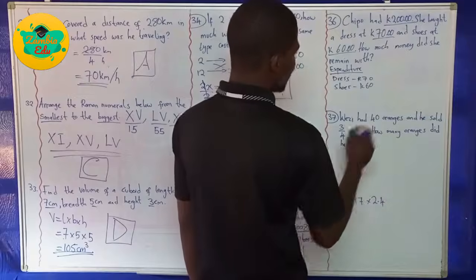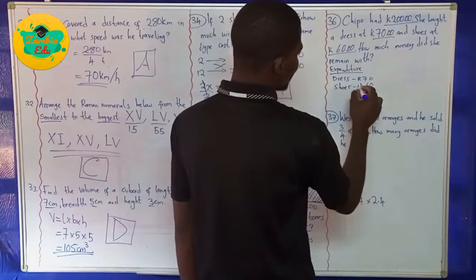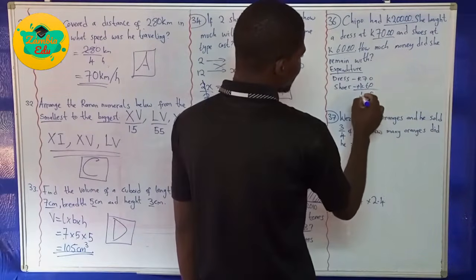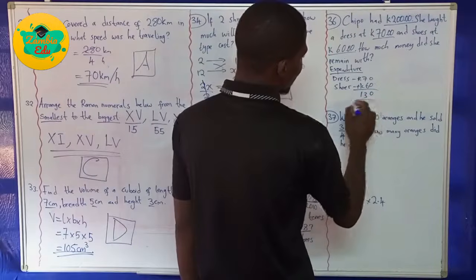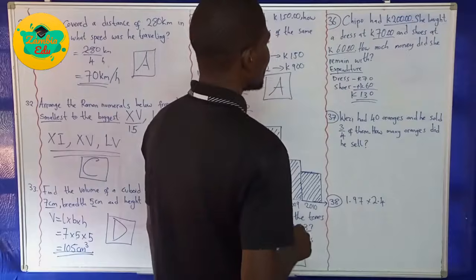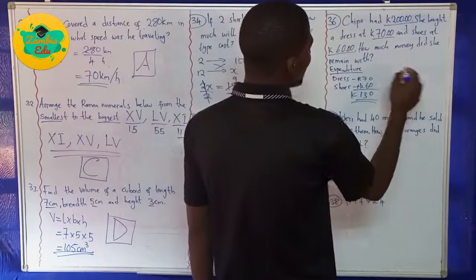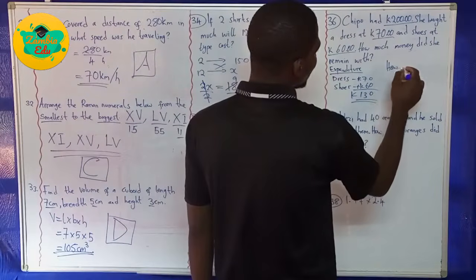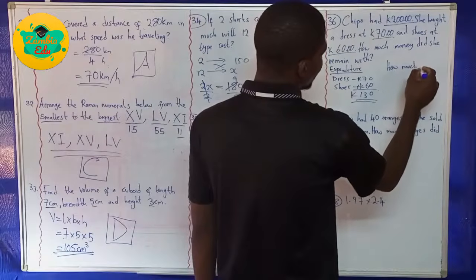Out of the 200, she bought a dress at 70 kwacha and shoes at 60 kwacha. How much did she remain with? So let's add whatever she spent. So she spent 130 kwacha. That's her total expenditure.